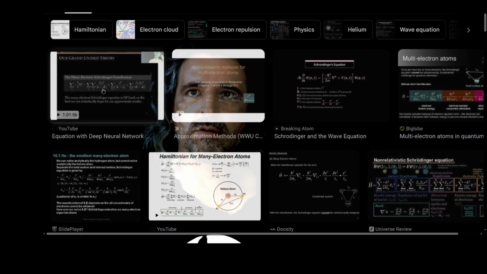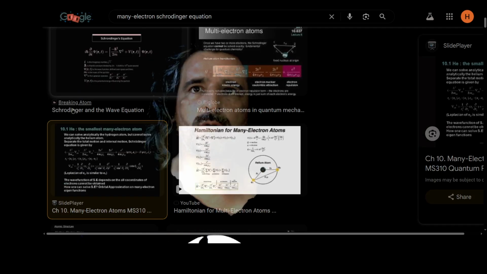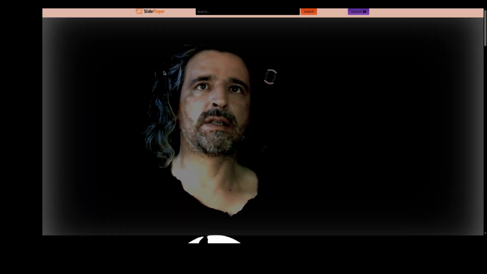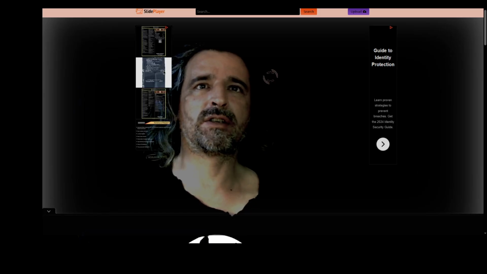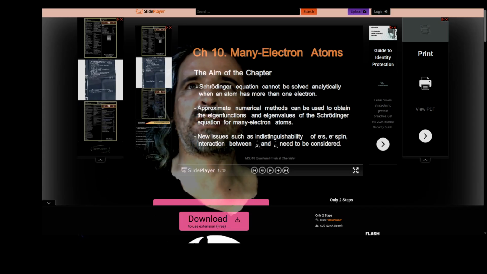Let's say there are some images here that we can show. Schrödinger equation. Okay, right. This is not very good because it's not showing the equation. So here, there is an equation. Let's see this. Slide player. It's going to have weird commercials. This is so bad. It's going to make me pay.